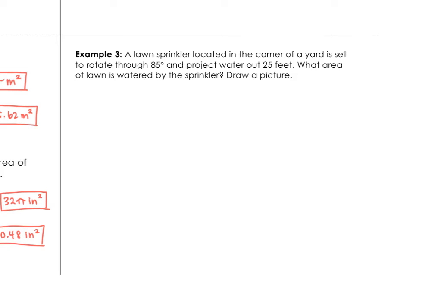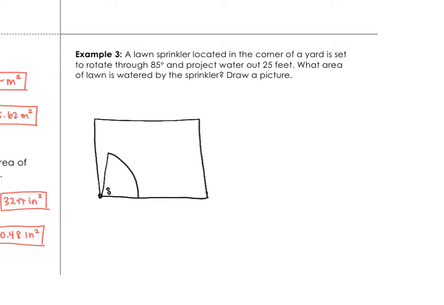So essentially what this is saying is that we have maybe our yard here, and there's a sprinkler in the corner, and it rotates through 85 degrees and projects water out 25 feet. Maybe it looks something like this. So 85 degrees is the angle, and the radius of this sector is 25 feet.